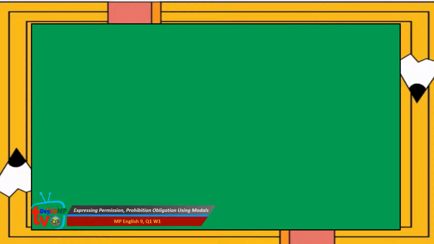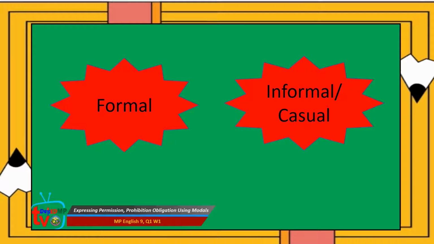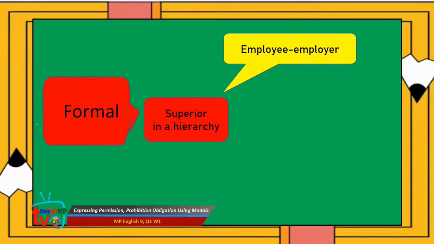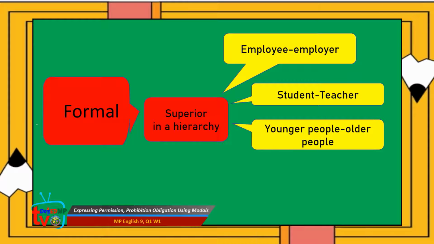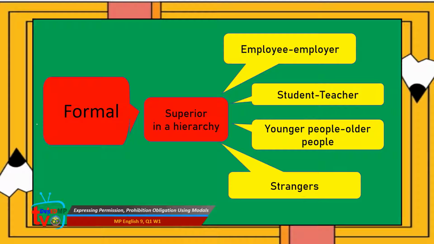Before we go any further, let us check first the difference between formal and informal or casual situations. Formal situations involve superiority and position. For example, conversations between an employee to his employer, a student to her teacher, younger people to older people, and conversations with strangers.